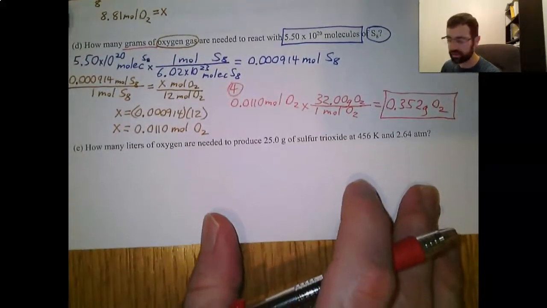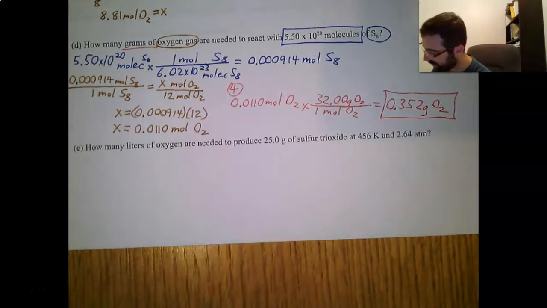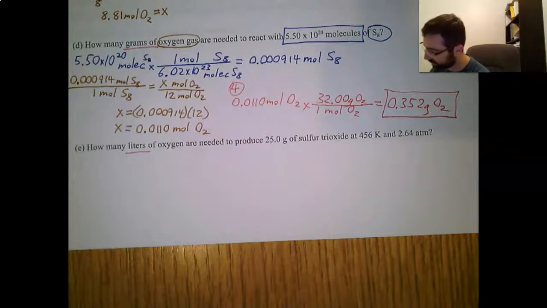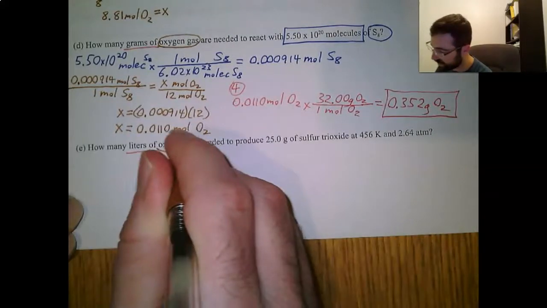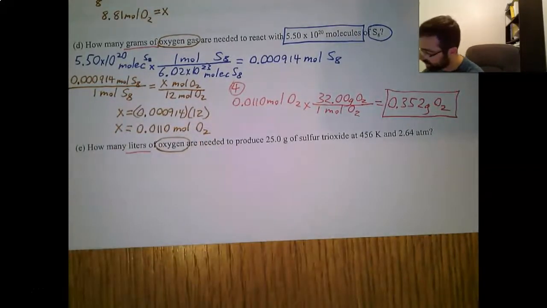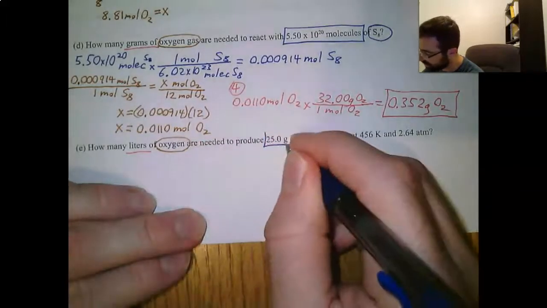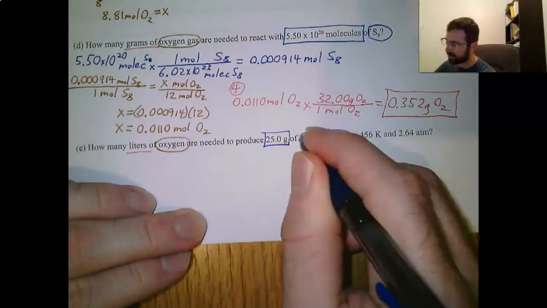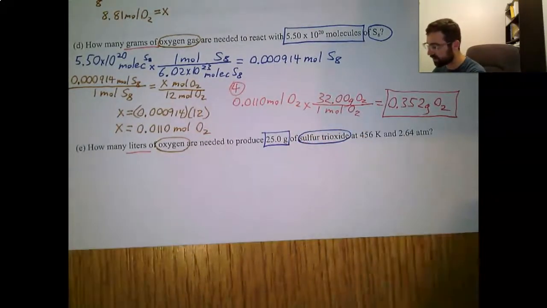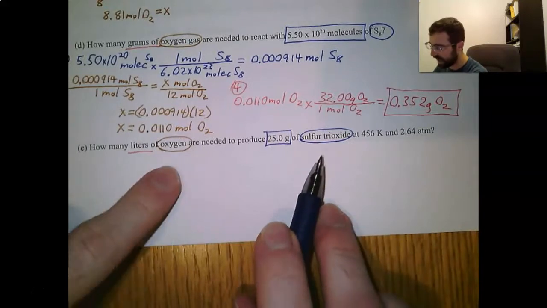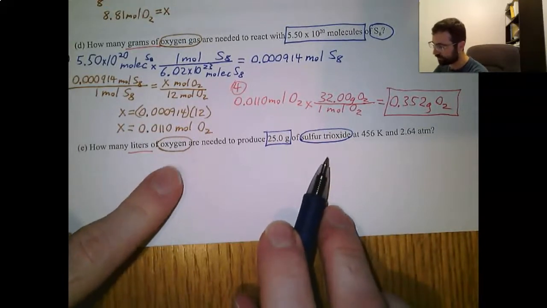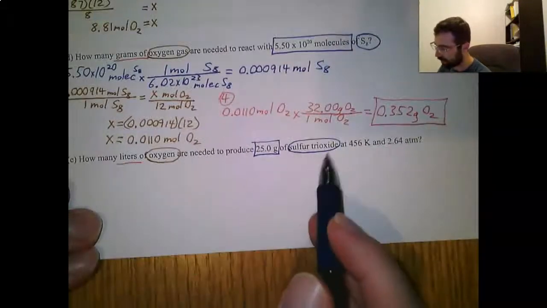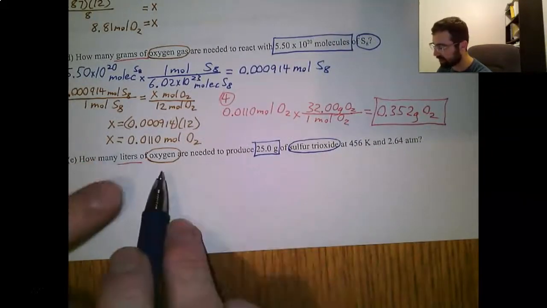And then we have part E. How many liters of oxygen are needed to produce 25.0 grams of sulfur trioxide at, okay, now which of these is the gas, do you think? We may not know the state of matter here, but we know the product we're getting is oxygen.